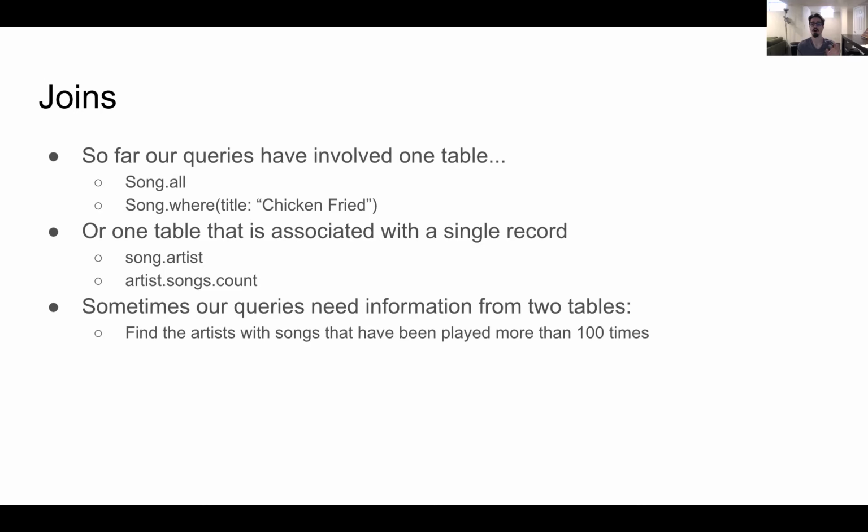Now we're looking at all of the artists and all of the songs associated with all of the artists. Or something like: find all the songs where the artist name contains Prince. For all of the songs, look at their artist and check if that name contains Prince. So again, multiple records from multiple tables.